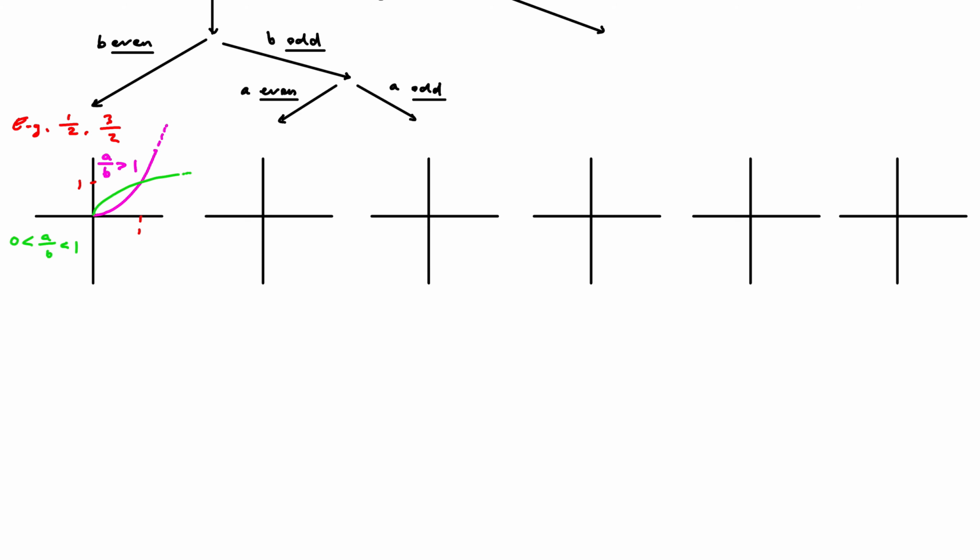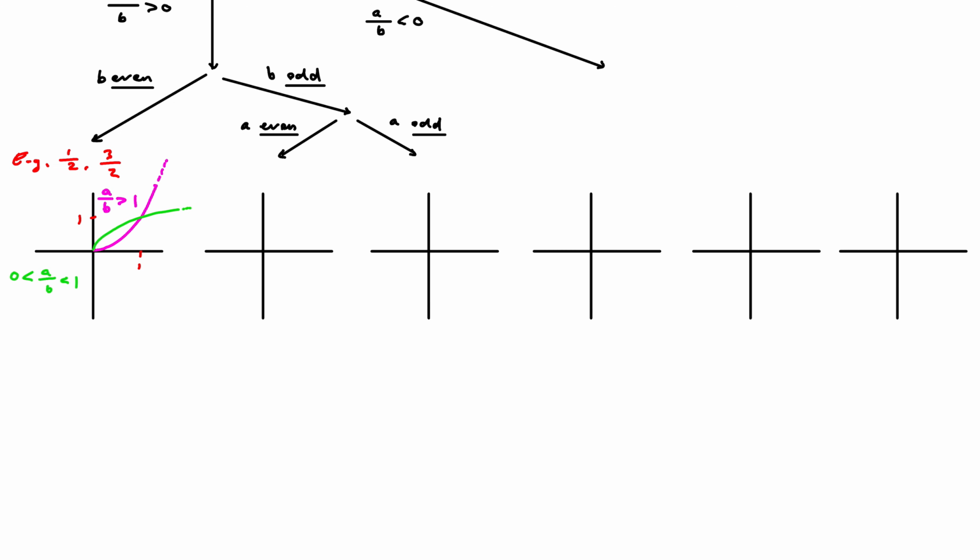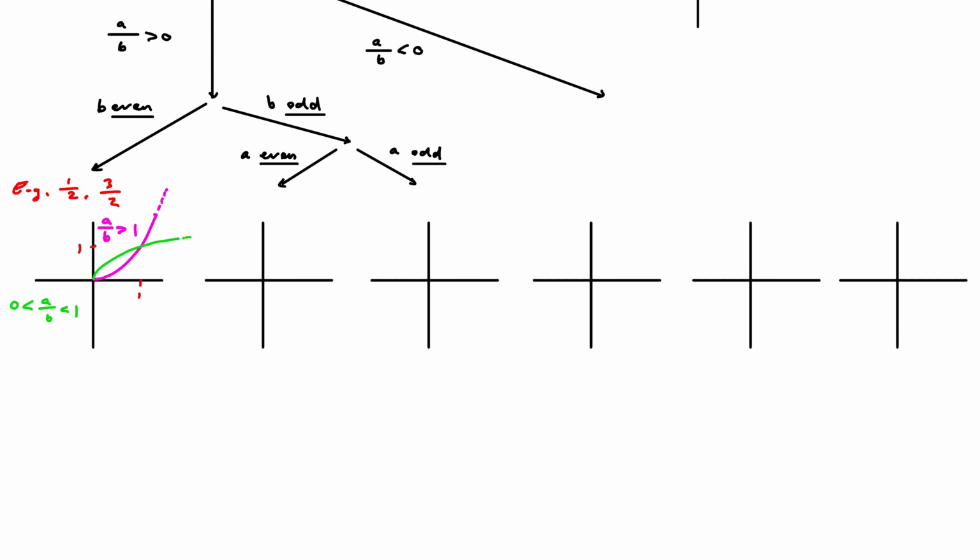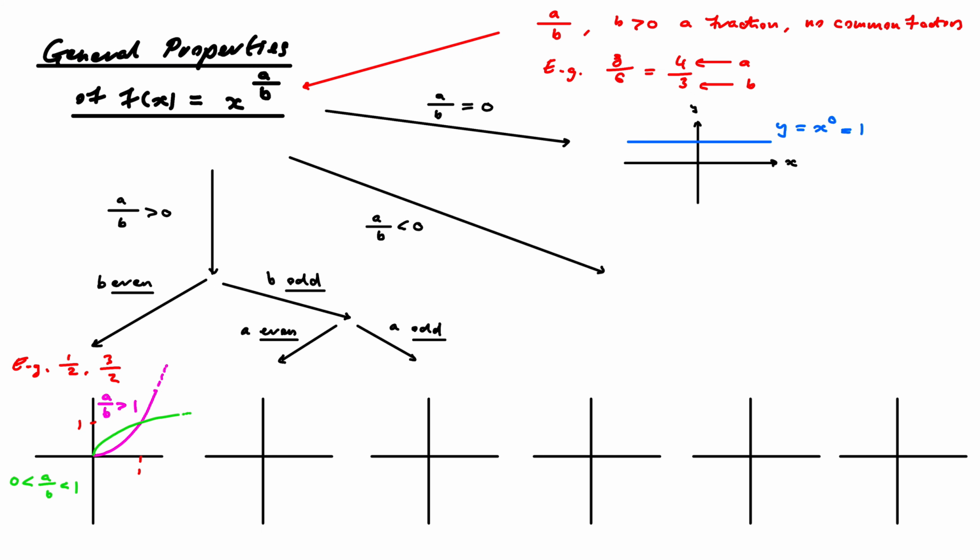So what you'll end up getting is the following. It's very, very similar to what we have on the other side. In fact, I'm going to use the same color scheme. So it looks kind of like this. So if you're strictly bigger than 1, it kind of looks like this. Exactly the same thing.